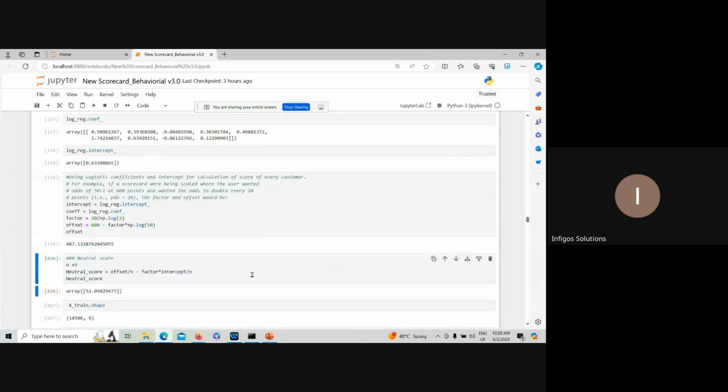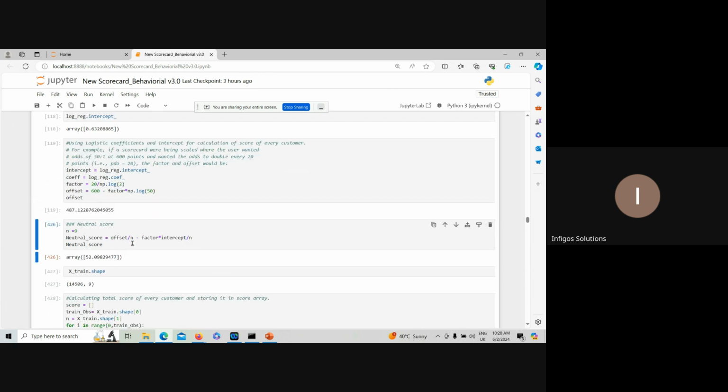Let me run this, otherwise it creates problems later on. There's something called the neutral score. Neutral score is a score beyond which, if some variable has a score below it, that particular thing goes into the region of rejection.